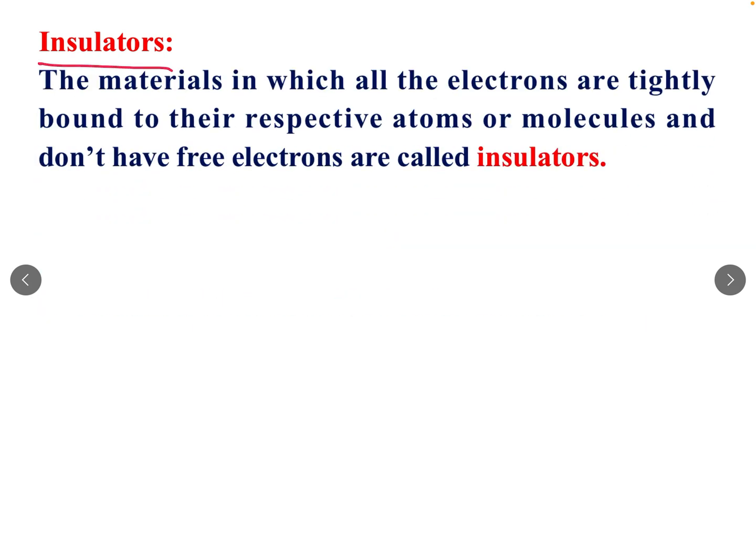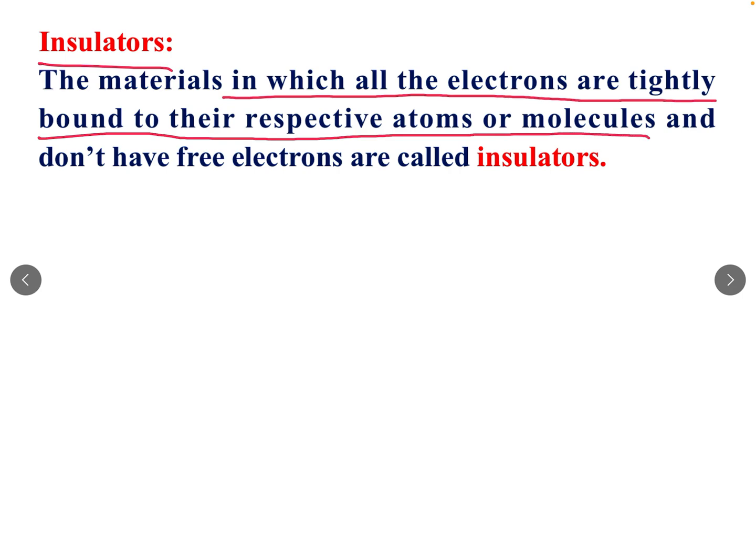Insulators. The materials in which all the electrons are tightly bound to their respective atoms or molecules and do not have free electrons, they are called insulators. Insulators do not have free electrons for the conduction.